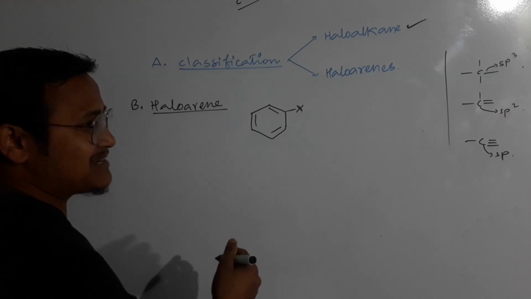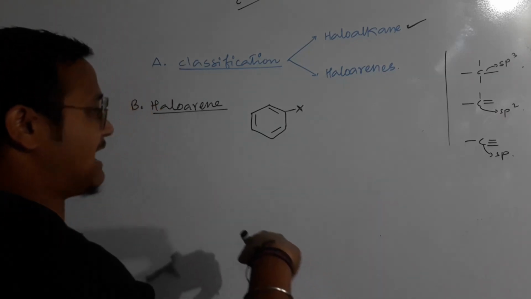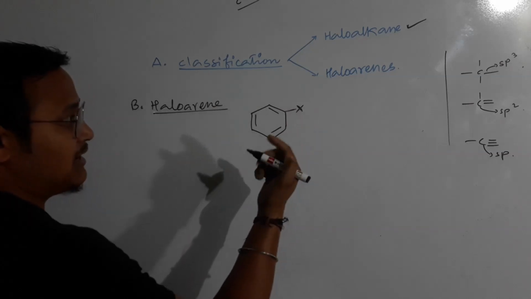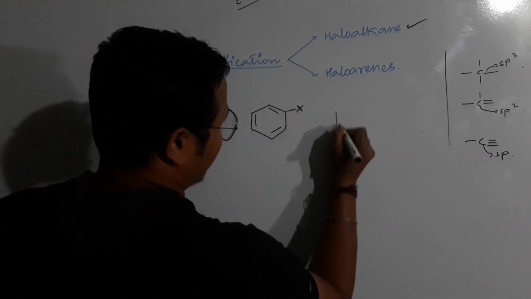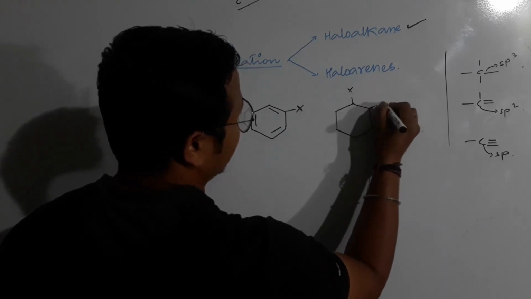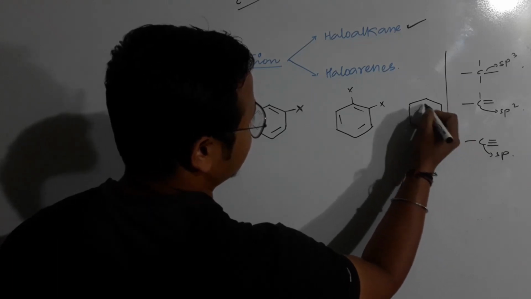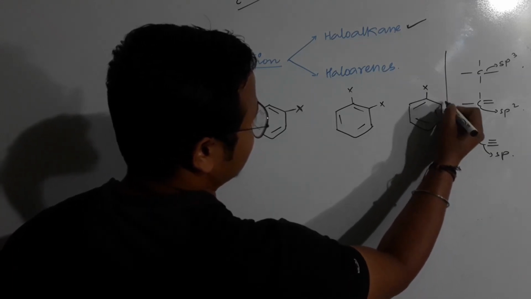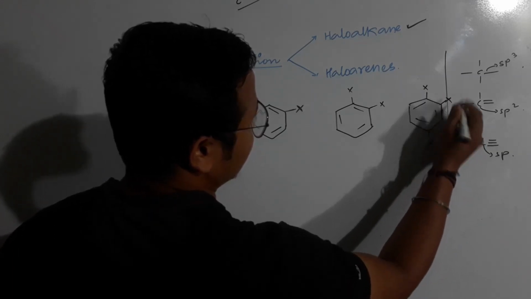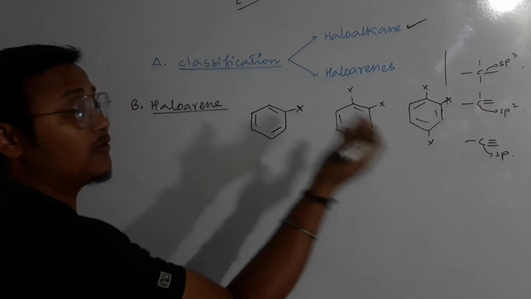So the only classification is, what can it do? It can substitute a number of hydrogens. So depending on the number of halogen atoms present, we can classify them. Say like two halogens are there, say three halogens are there in the benzene ring, so we can classify them like that. Clear? Say in this we have one halogen, so monohaloarene, right?